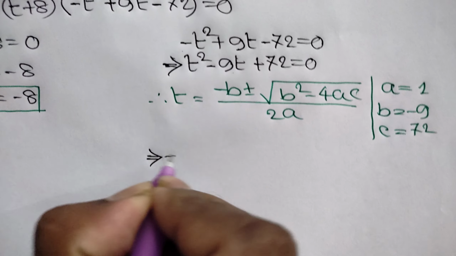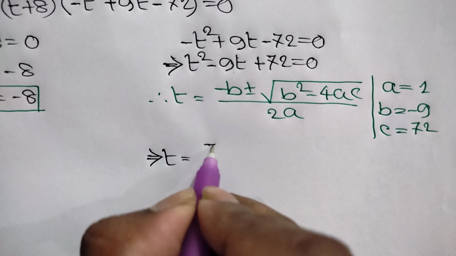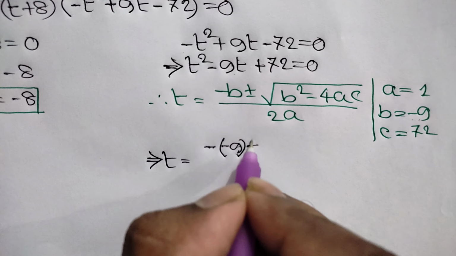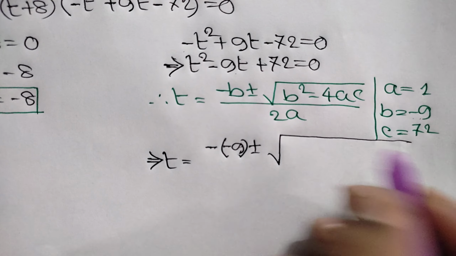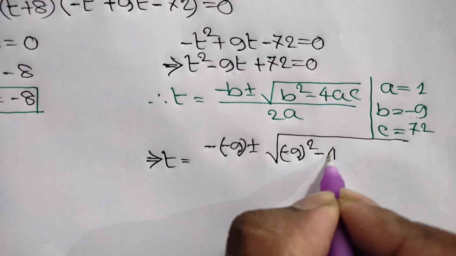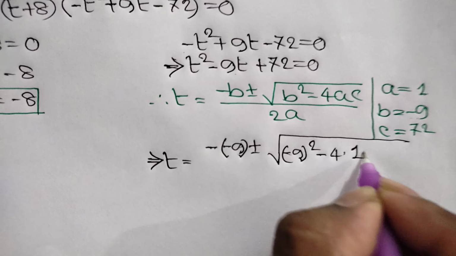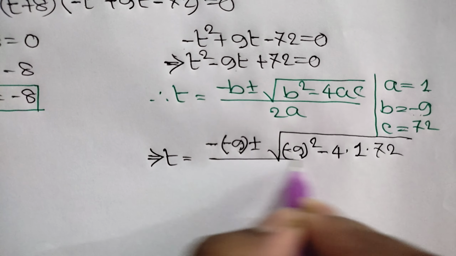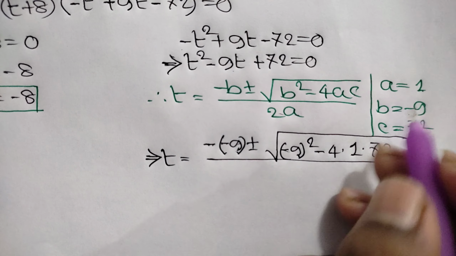So t is equal to minus b, that is minus of minus 9, plus or minus square root of b square, that means minus 9 square, minus 4 times a, which is 1, times c, which is 72, over 2 times a, that means 2 times 1.